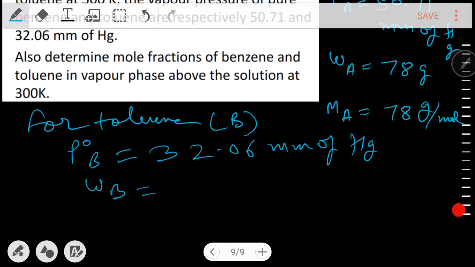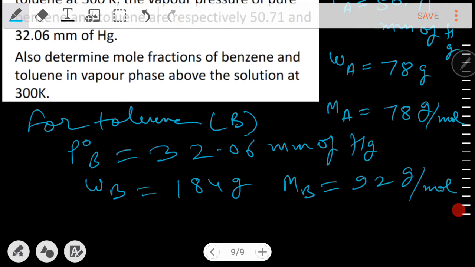WB is given 184 gram. MB, the molar mass of toluene, is 92 gram per mole. You should know the formula of benzene and toluene.